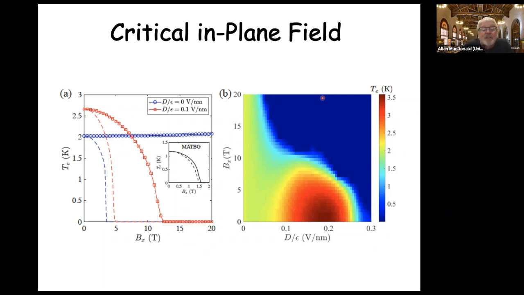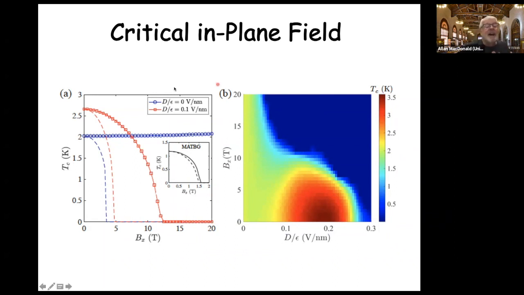The solid blue line shows that basically an in-plane magnetic field does not destroy superconductivity in twisted trilayer graphene. The inset shows the corresponding calculation for bilayer graphene. It does. The orbital effect destroys superconductivity even without Zeeman. The two effects actually have quantitatively similar pair breaking effects.